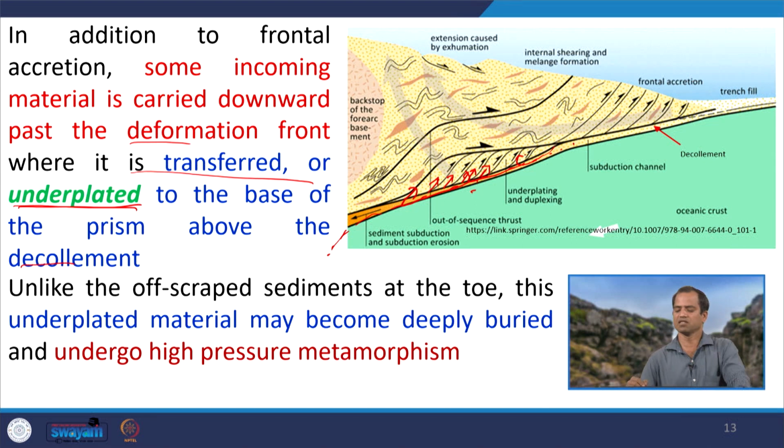What is happening? The material which is here is less metamorphosed, because it is underplated from less depth and less pressure, and here the material which is underplated is relatively more metamorphosed because it is coming from a relatively deeper level. Similarly, a material which is underplated here would be of further high grade metamorphism compared to here, because it is underplated from again a relatively deeper level. So, as you go inside, gradually the degree of metamorphism increases.